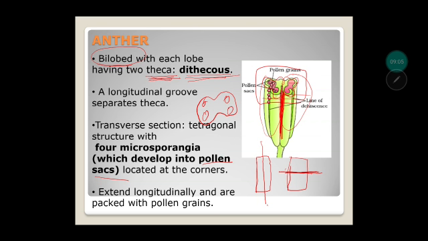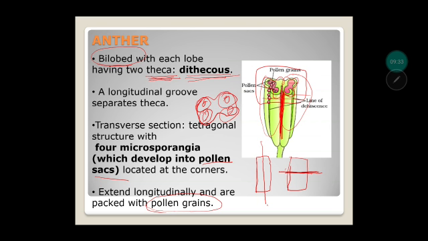These 4 parts are called microsporangia. When they mature, they form pollen sacs, and these pollen sacs are going to contain pollen grains. Now this is the season of pollen grains actually. Pollen grains are nothing but yellowish powdery substances, and these will further act as the male gamete of the flower.